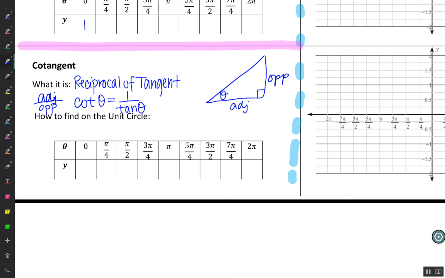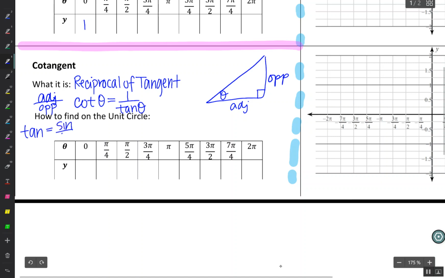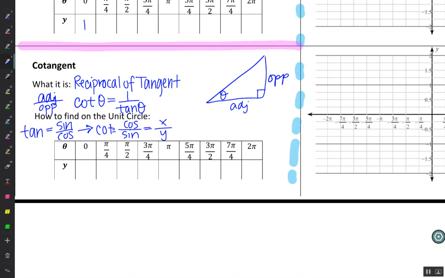So how do we find it on the unit circle? Well, tangent is sine over cosine. So cotangent is going to be cosine over sine. Cosine is the x-coordinate, sine is the y-coordinate. So instead of y over x, this time we're doing x over y.